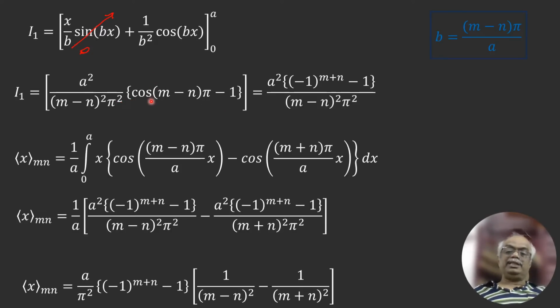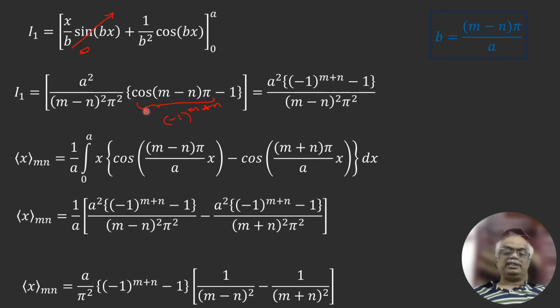Here, cos (m minus n) pi is equal to minus 1 whole power (m plus n). Because if m minus n is an odd number, this is minus 1. If m minus n is even, this is plus 1. Cos 0 is 1, cos pi is minus 1, cos 2 pi is plus 1 again.